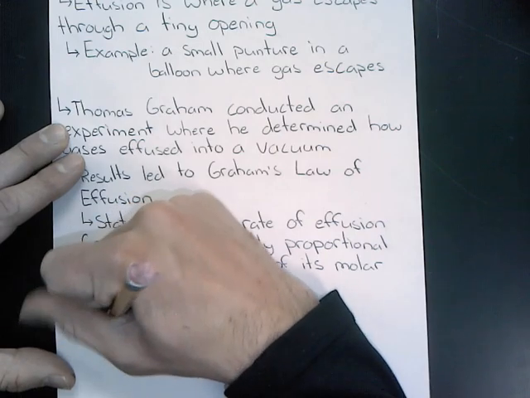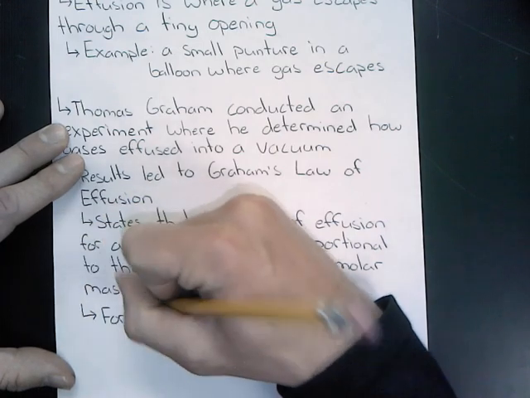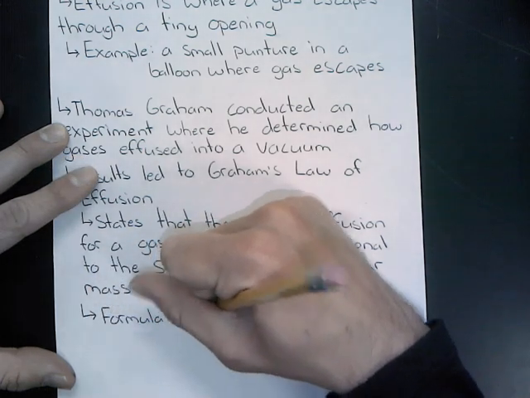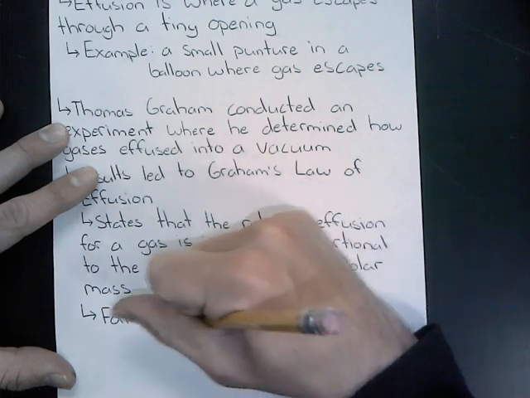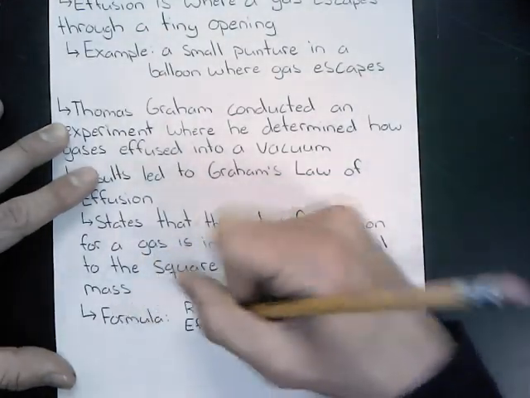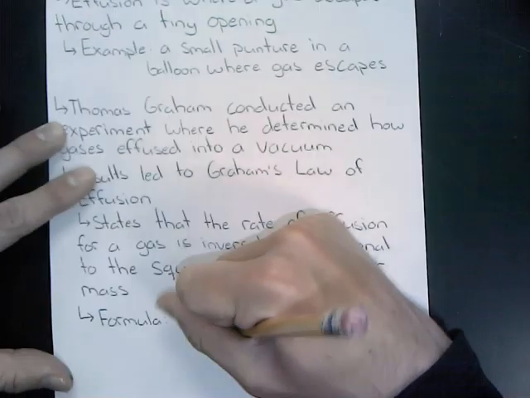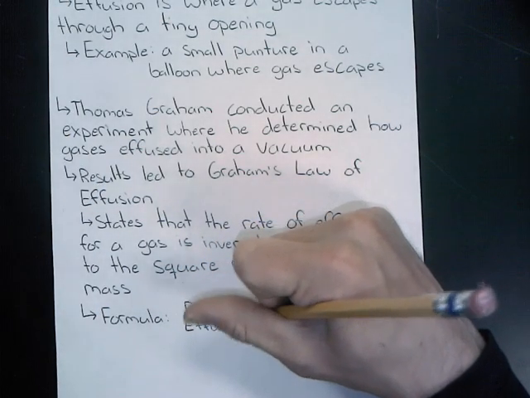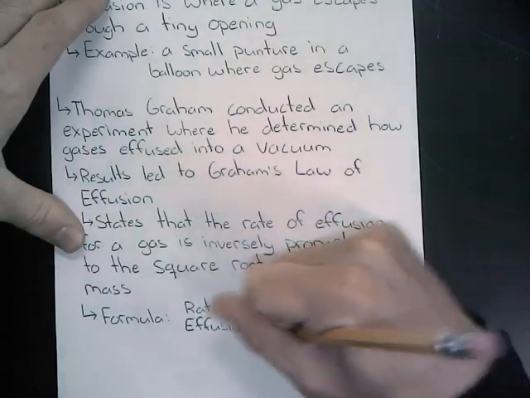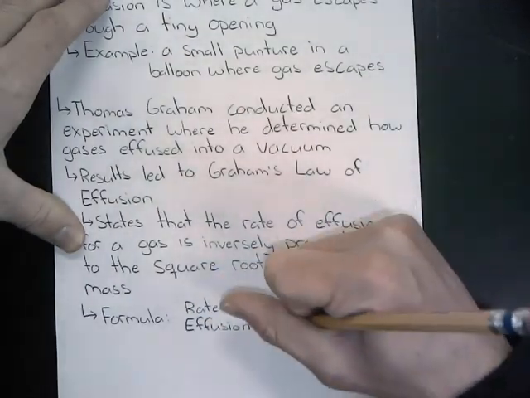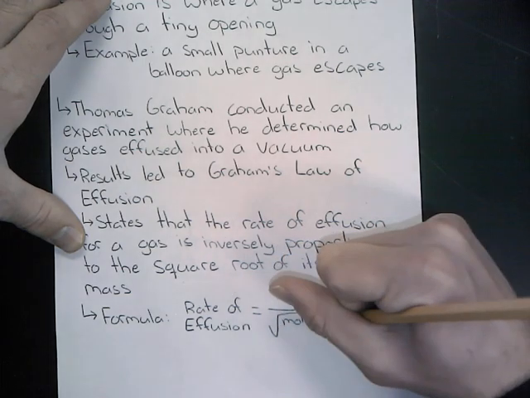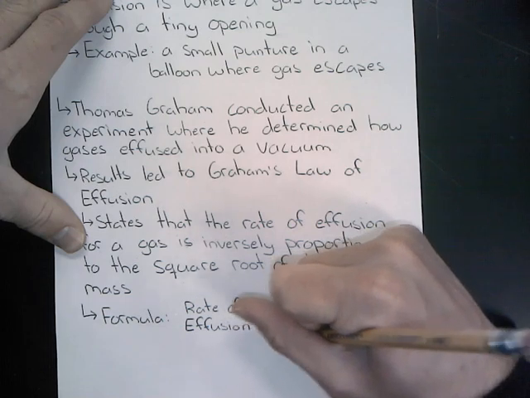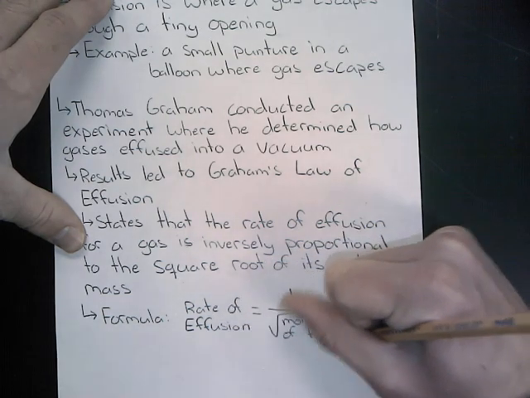Now, easier for us is a formula. The formula for Graham's law is as follows: the rate of effusion is proportional to 1 over the square root of the molar mass of the gas that you're looking at.